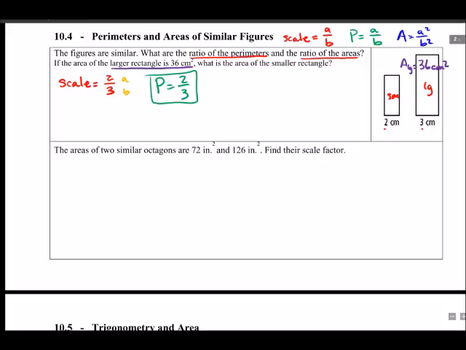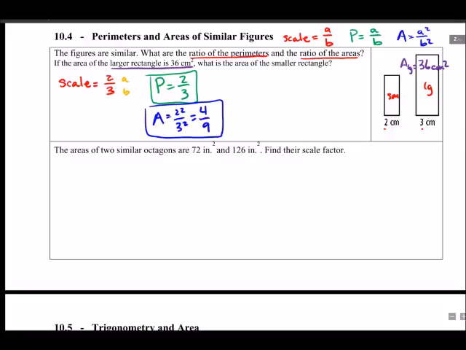And we want the ratio of the areas. So our area ratio is 2 squared over 3 squared. So that is a 4 to 9 ratio.